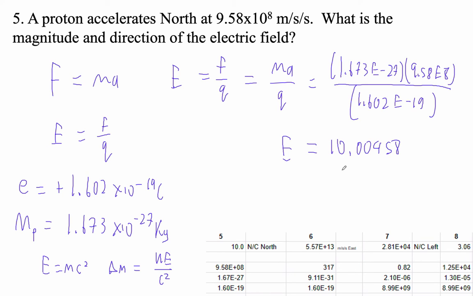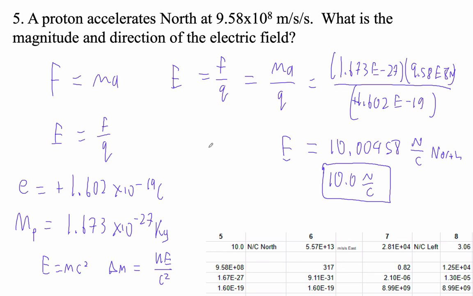We have 3 sig figs, so we'd say that's newtons per coulomb, right? Now, this acceleration was north. There are no minus signs here, right? Mass is always positive. This is a positive charge. So that would also be north, okay?